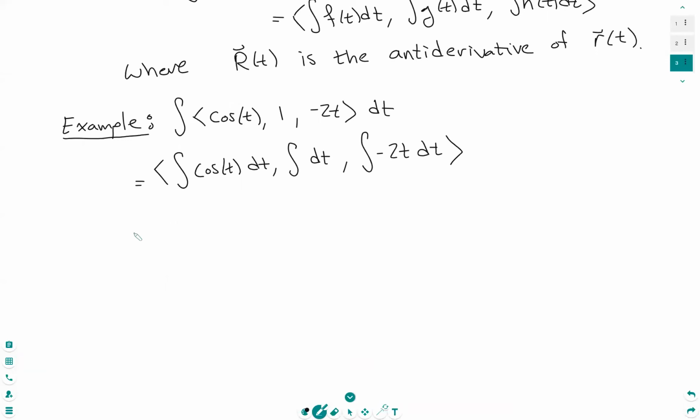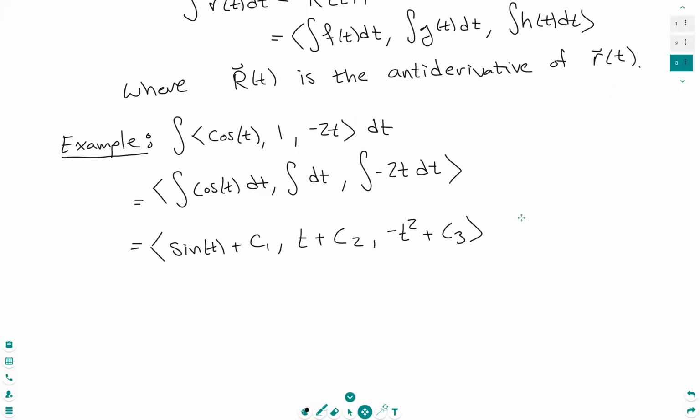I can do each of these integrals separately. So we have sine of t plus c1. We have t plus c2. And then we have negative t squared plus c3.